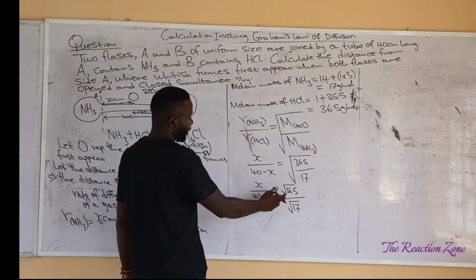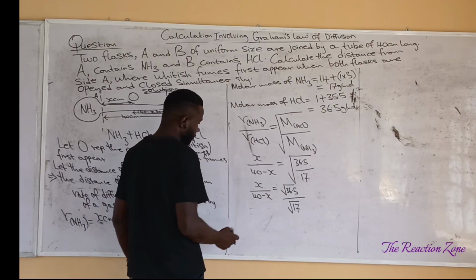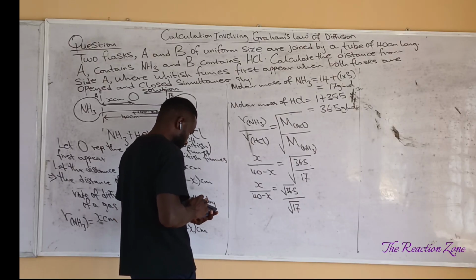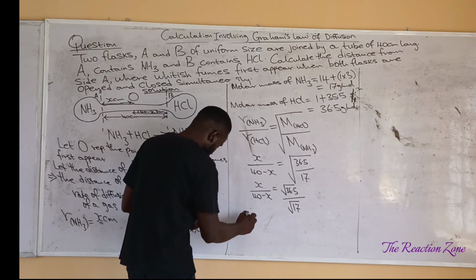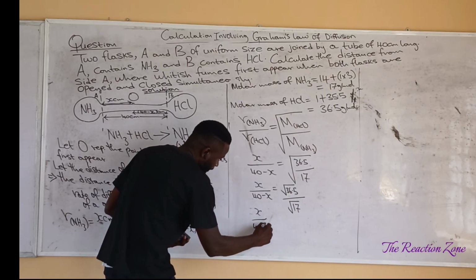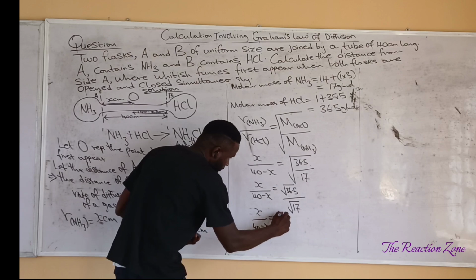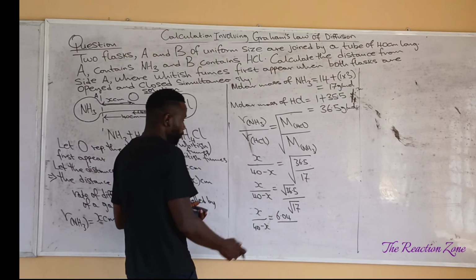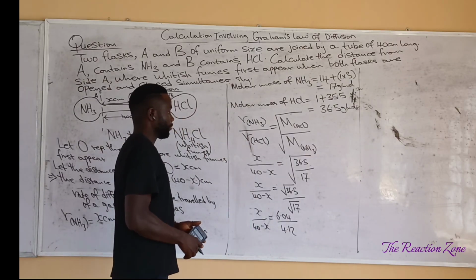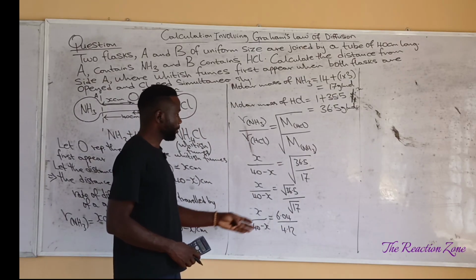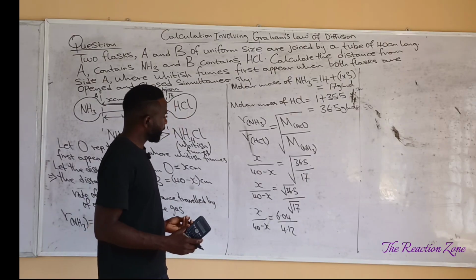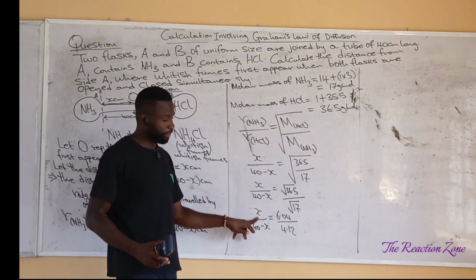So the next thing is to find the square root of 36.5. Root 36.5 is going to give us 6.04. So x over 40 minus x is equal to 6.04, and root 17 is going to give us 4.12. So when we simplify this, we have this. The answer we're looking for is actually the value of x.